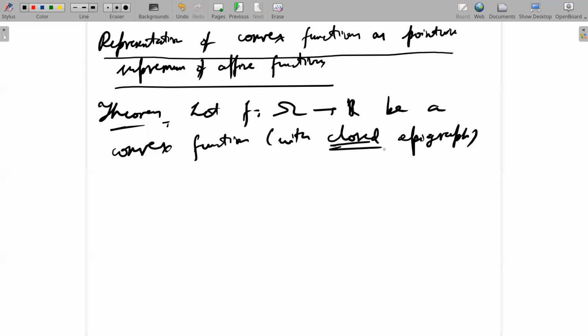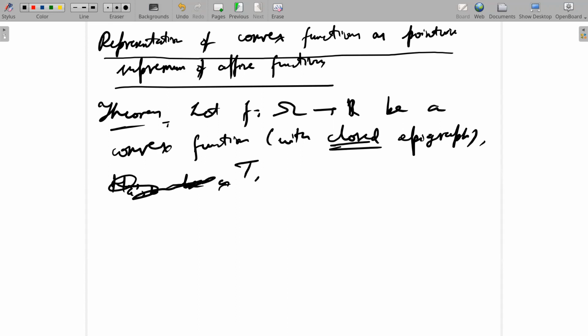All right, so let f be a convex function with closed epigraph.